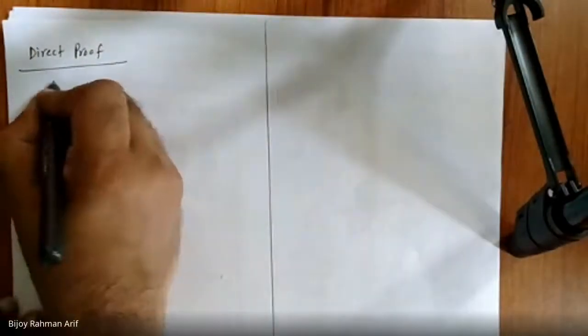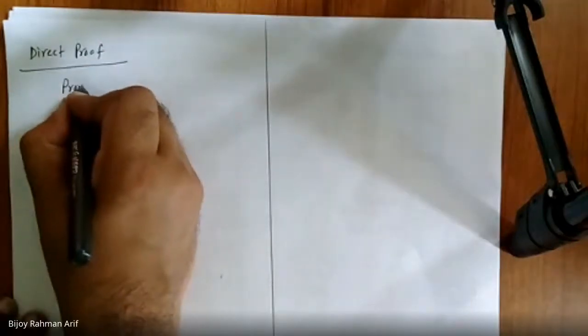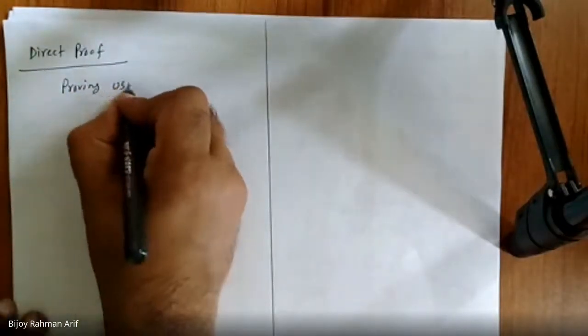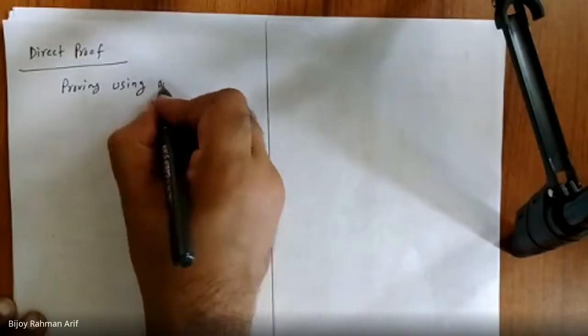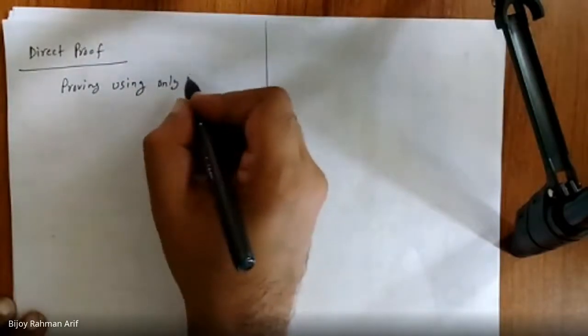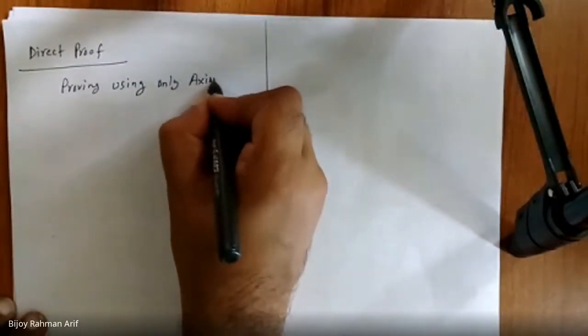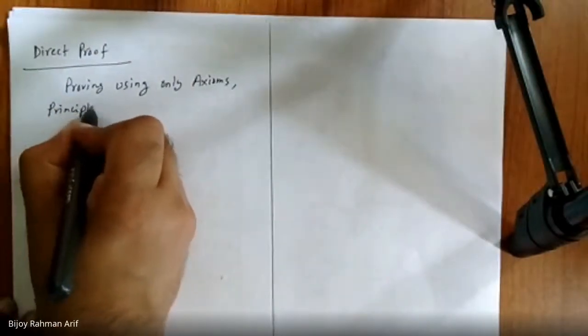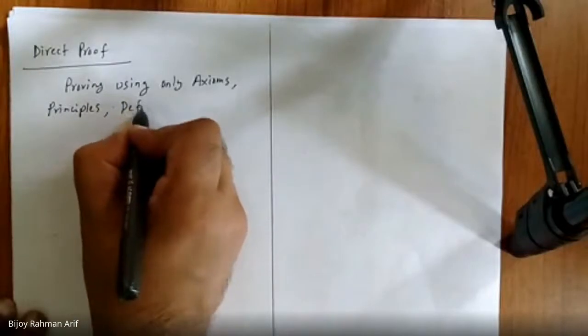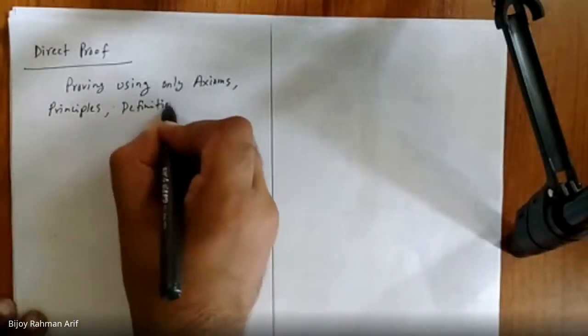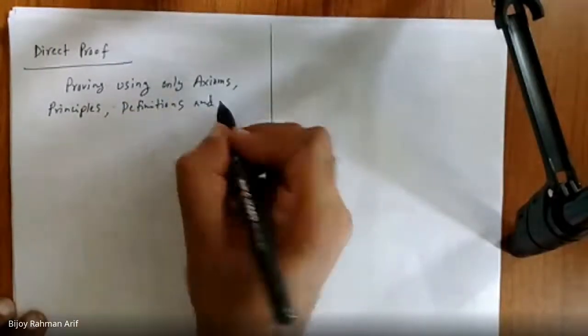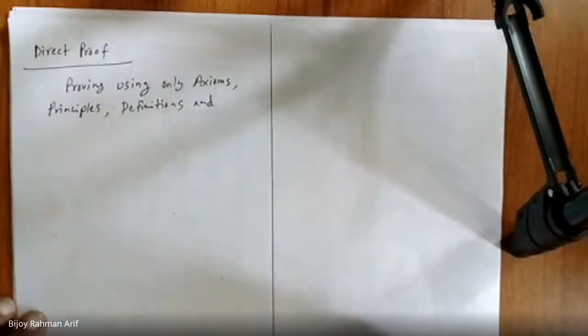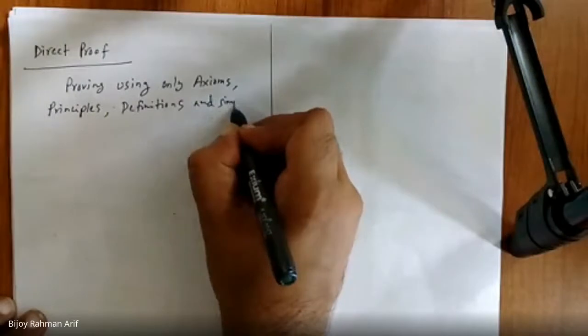Direct proof is nothing but proving using only the very basic things. That means axioms, principles, definitions, and simpler theorems.